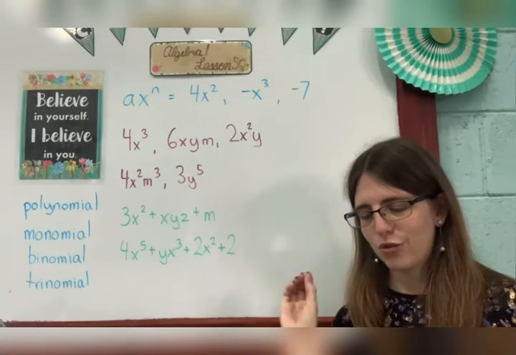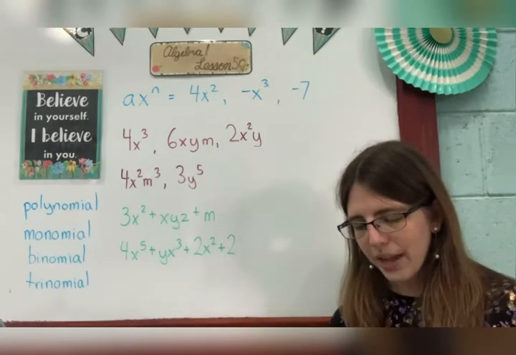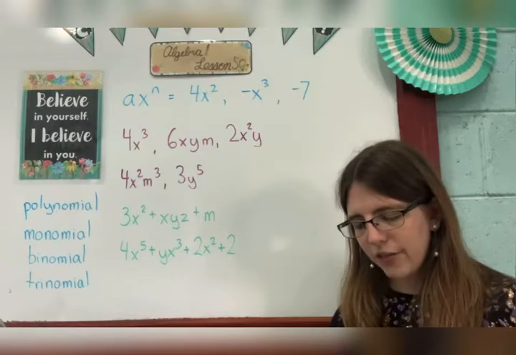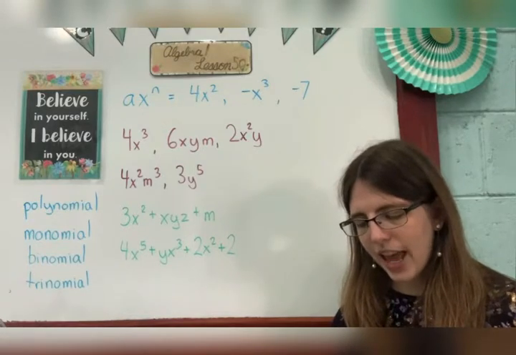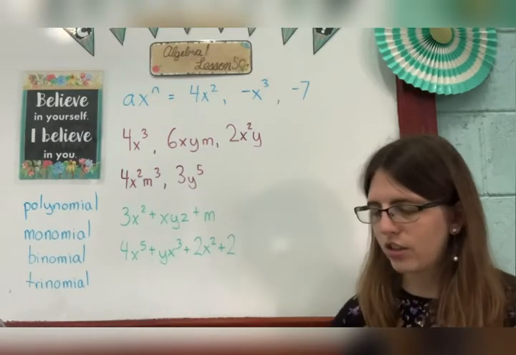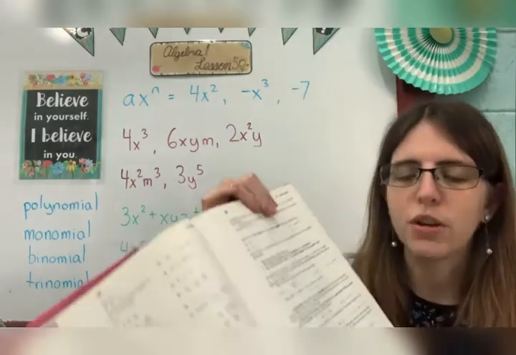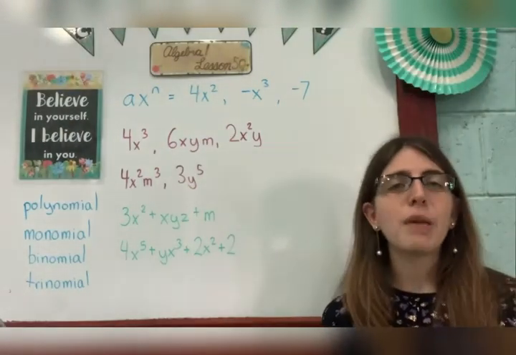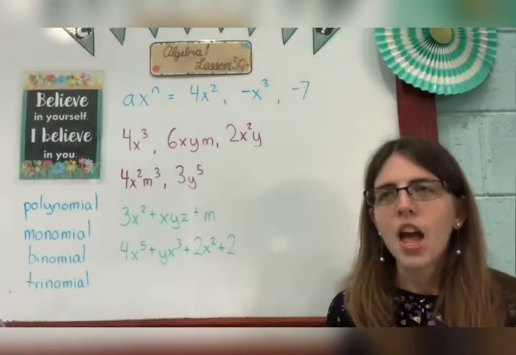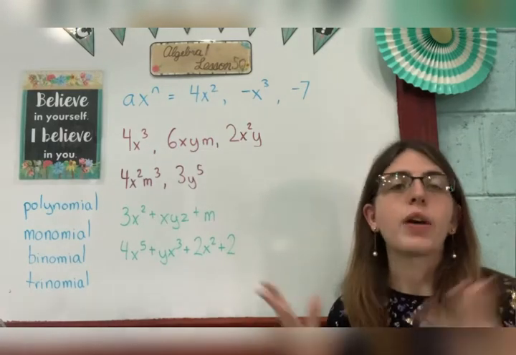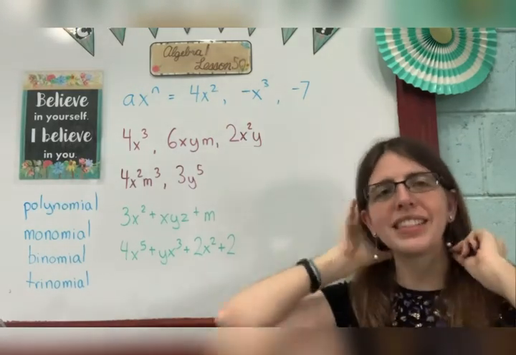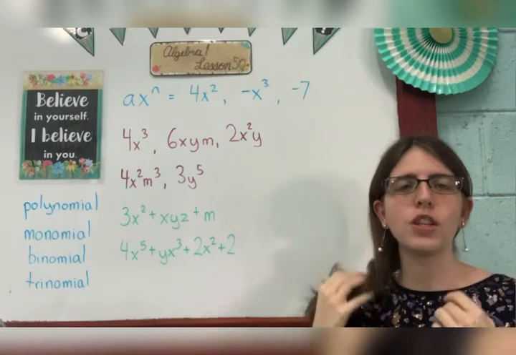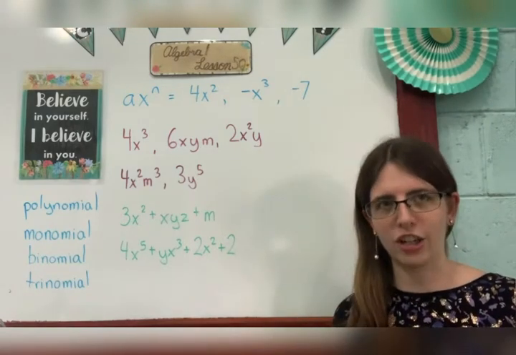Three terms, trinomial. Okay? So then if you look down there, it says any of the following expressions are a polynomial. Okay? Now I want to call your attention right here to letter B. Now I know a minute ago I said there's no division. Okay, I made a mistake. There is some division. With your number, your real number, it can be a fraction.